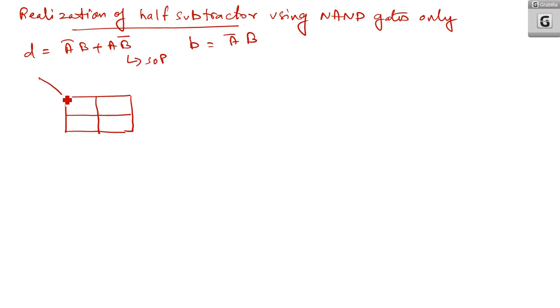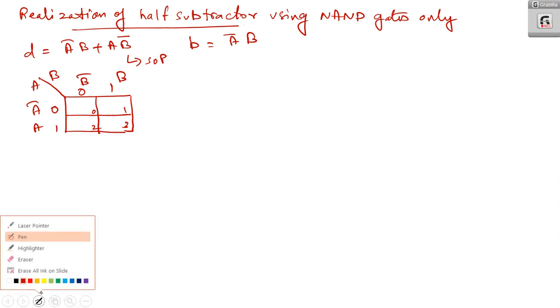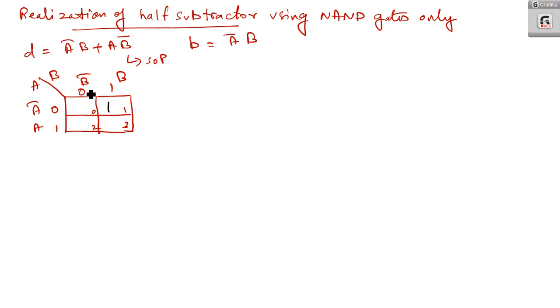So we are having A B, 0 1, 0 1, 0 1 2 3. This is A bar B, A B bar. Here you will get 1, here you will get 1, and the other values are remaining as 0.